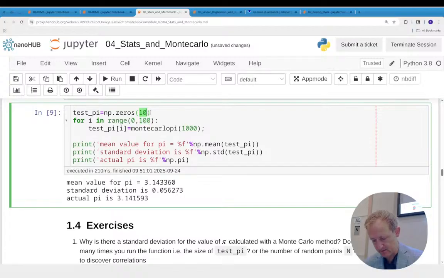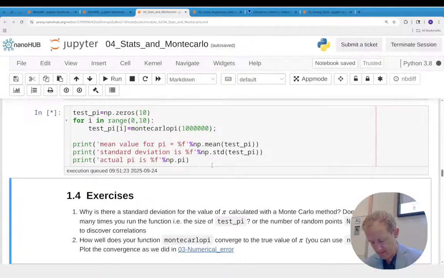So instead, let's run 10 times, but instead of 1,000, we'll say 1,000,000. Is that 1,000,000 yet? 1,000,000. And then it'll think about it for a second as it runs through generating all those numbers.